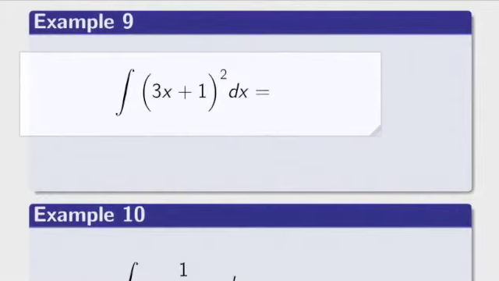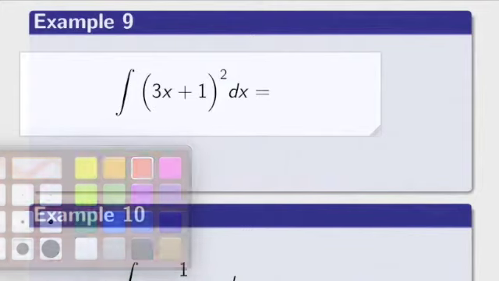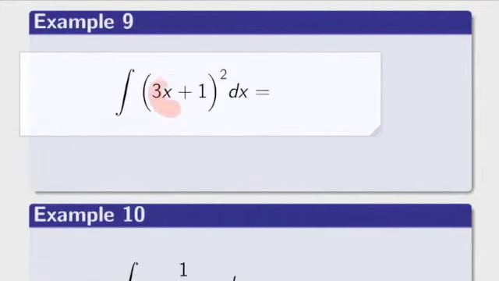So let's look at another example. Here we have a function raised to the power 2. So this is a function 3x plus 1 marked colored in red, raised to the power 2. Now if we differentiate the function colored in red, the derivative of the expression colored in red is 3.